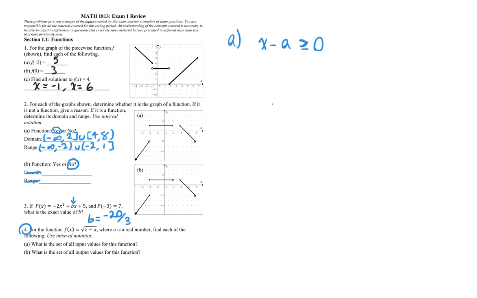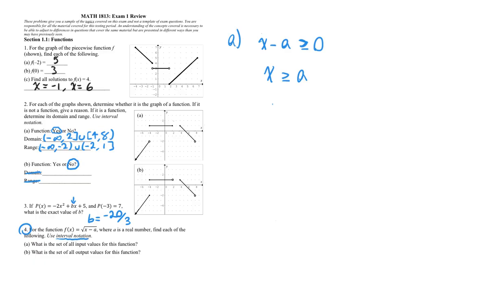So if x minus a has to be greater than or equal to 0, that tells us that x has to be greater than or equal to a. We want to use interval notation for this problem.